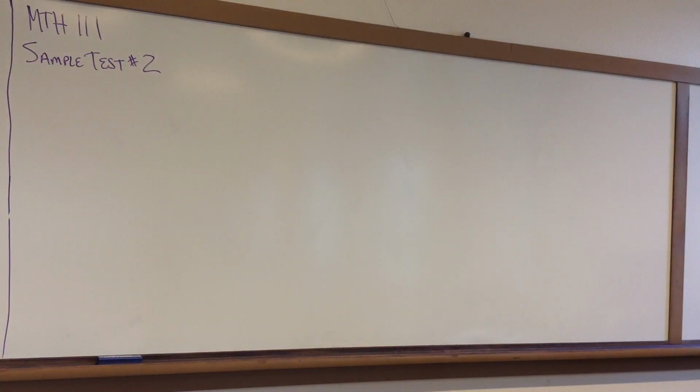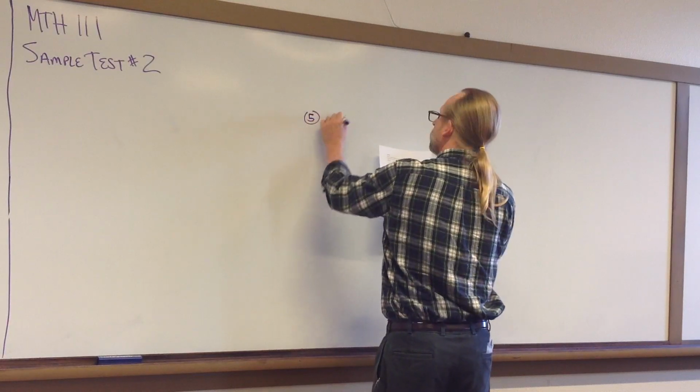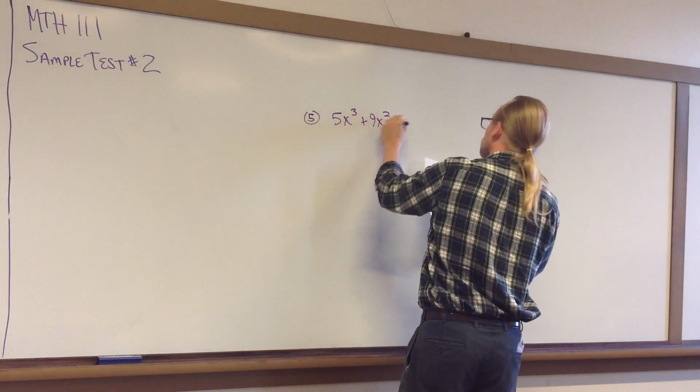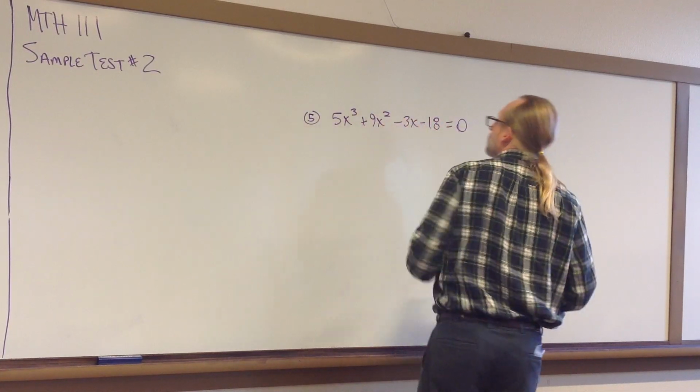Okay. Problem 5. We've got 5x cubed plus 9x squared minus 3x minus 18 equal to 0.